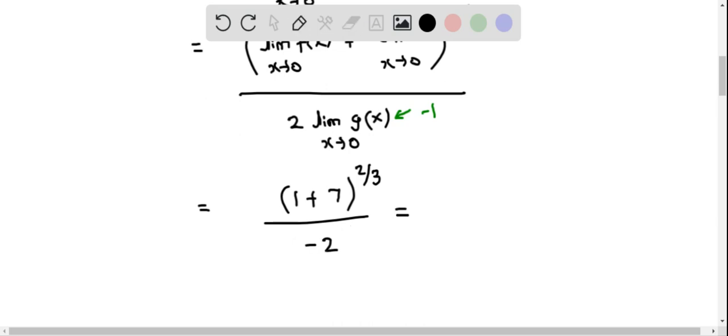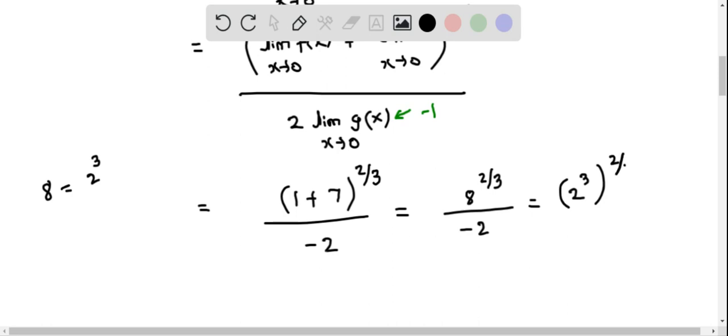We can simplify this. 1 plus 7 is 8, this raised to the power of 2 thirds, divided by negative 2. 8 can be written as 2 raised to the power of 3. So this becomes 2 raised to the power of 3, once again raised to the power of 2 thirds. We know from the exponent laws, these two powers get multiplied.